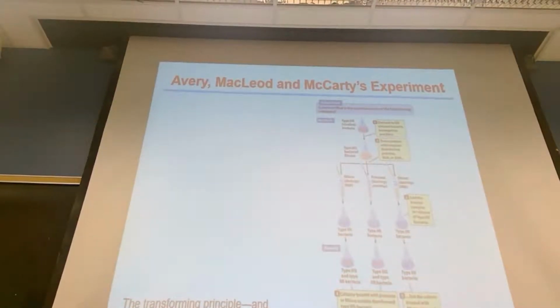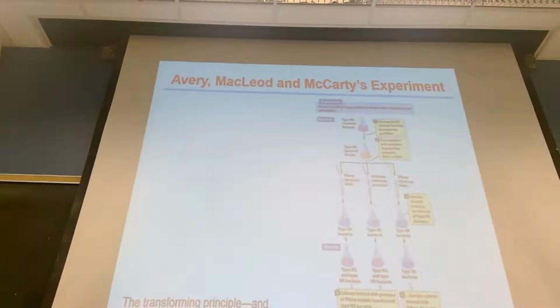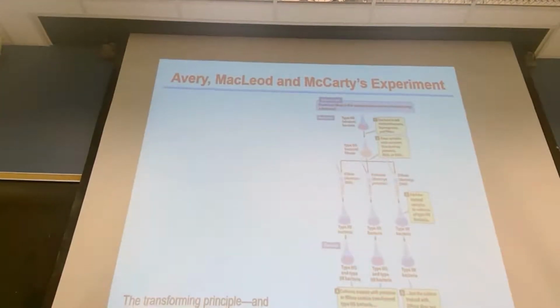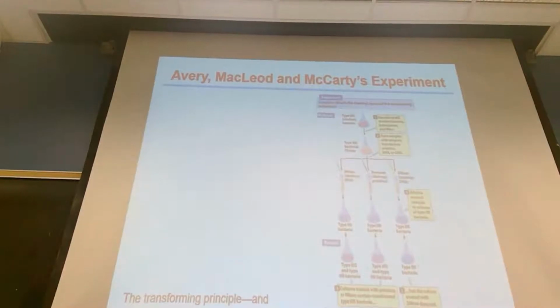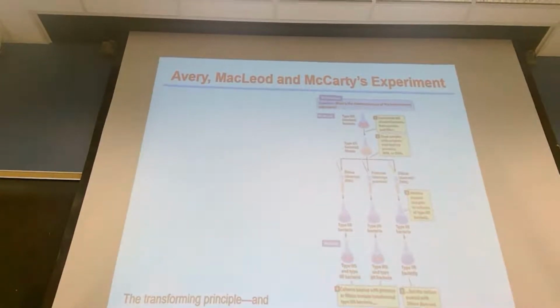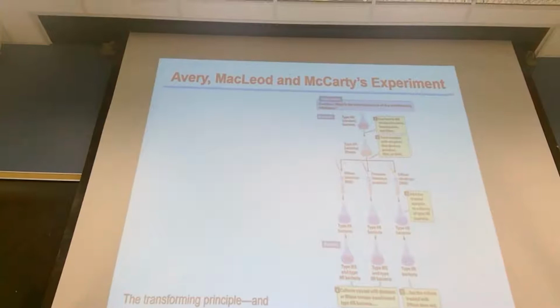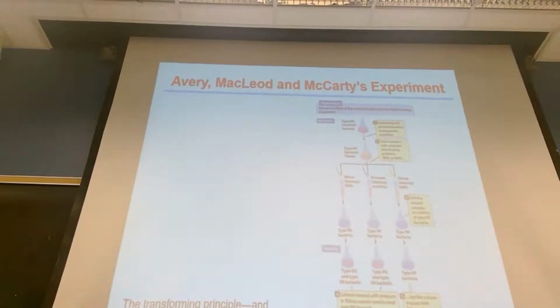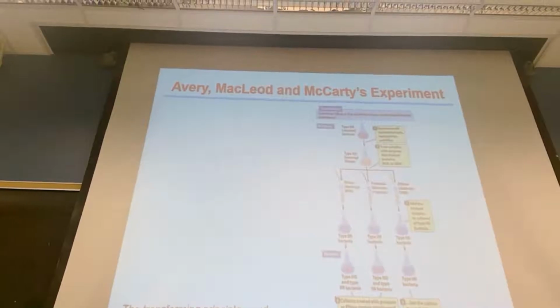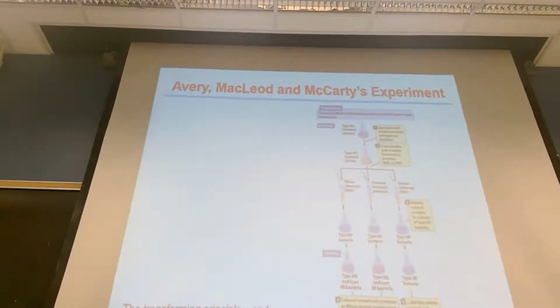Second one, protein is not there, that means it is DNA, because RNA is not causing anything, as we already saw from the first experiment. The third one, DNA is not there, and it is confirming that it is DNA. So after this experiment, we knew that the transforming material is DNA, and DNA is the genetic material.